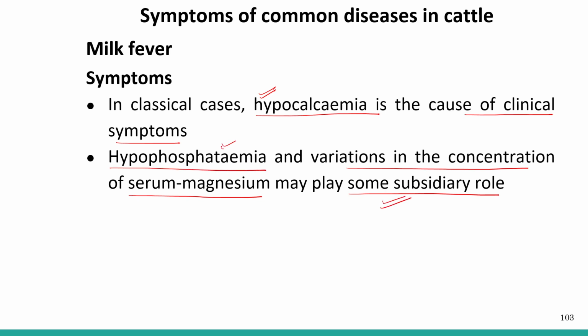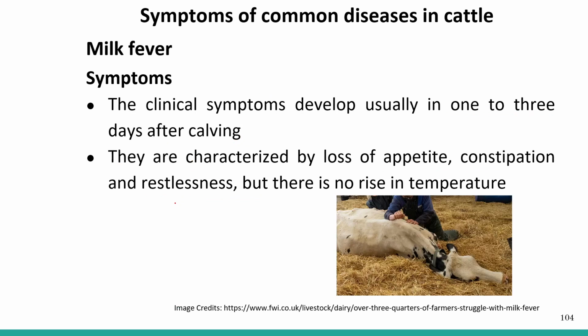Hypophosphatemia means reduction in the serum phosphate level, and a lower level of serum magnesium is also reported in some cases. The clinical symptoms usually develop in 1 to 3 days after the calving.